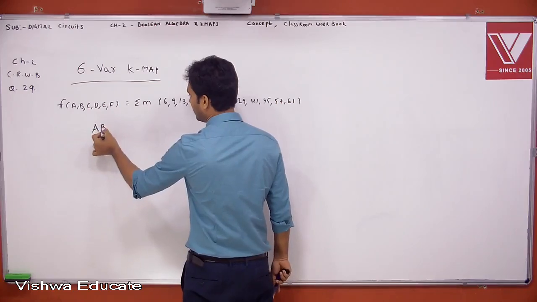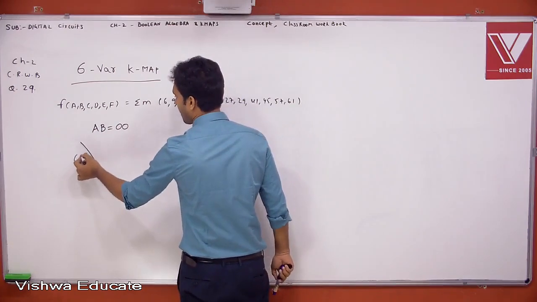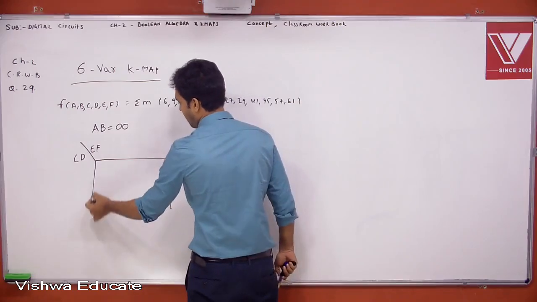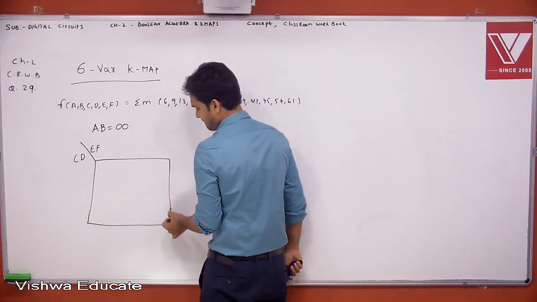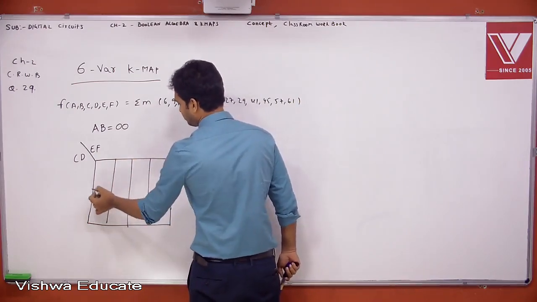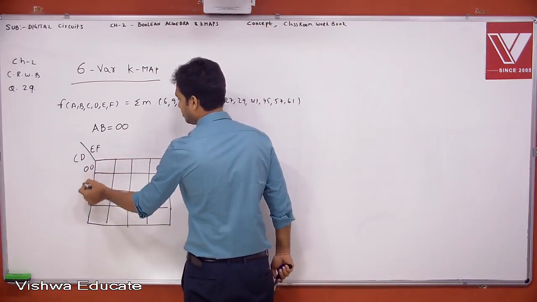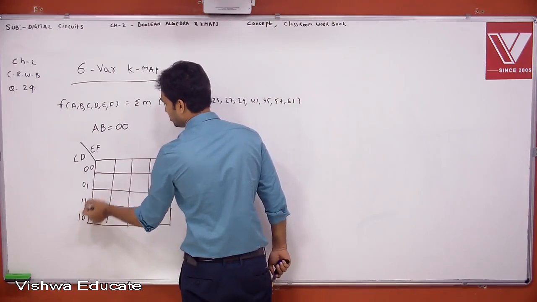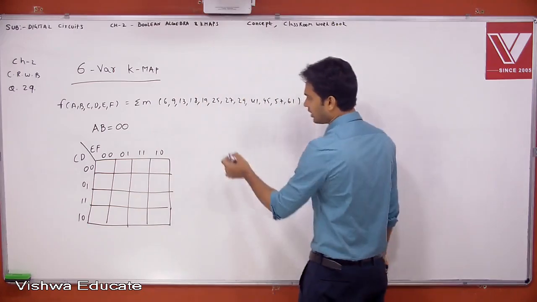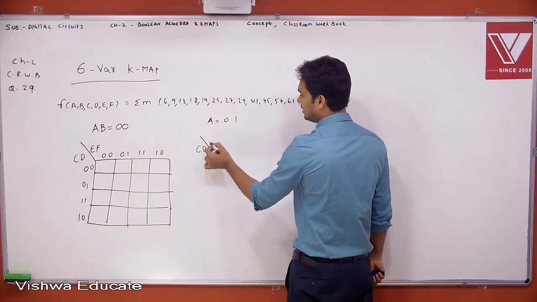First time you take A, B as 0 0. So CD can be 0 0, 0 1, 1 1, 1 0. Like this, we should make 4 K-maps. Next one, A, B 0 1, and again CD, E, F.